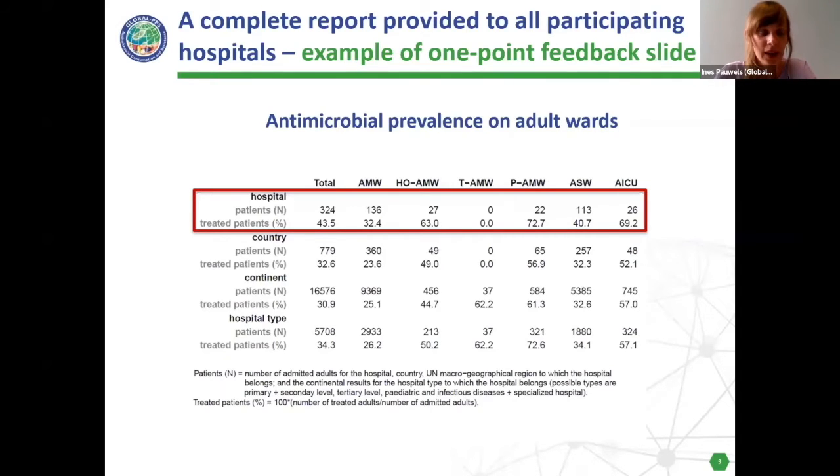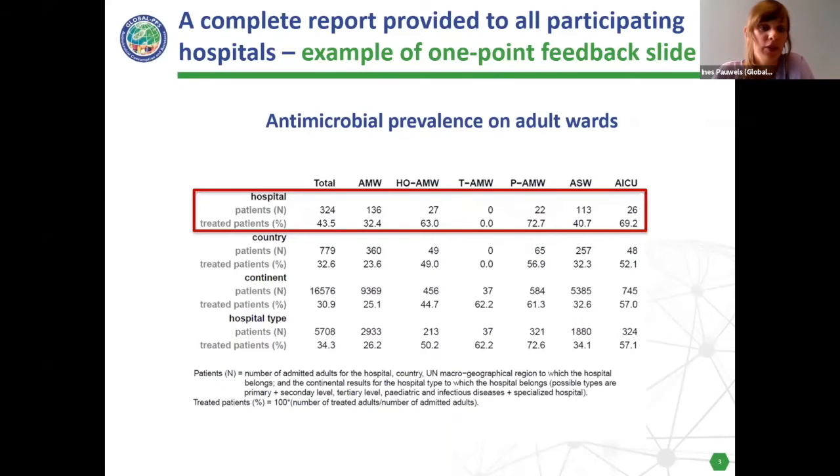As you see in red, these are the hospital data. For this specific hospital, you see that they have a hospital-wide antimicrobial prevalence on adult wards of 43.5%. That means that at the time of the PPS, 43.5% of the admitted patients were on antimicrobials.